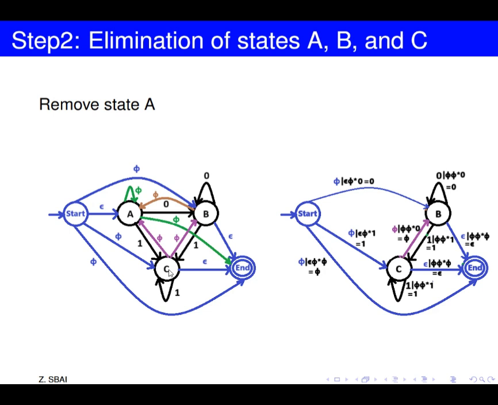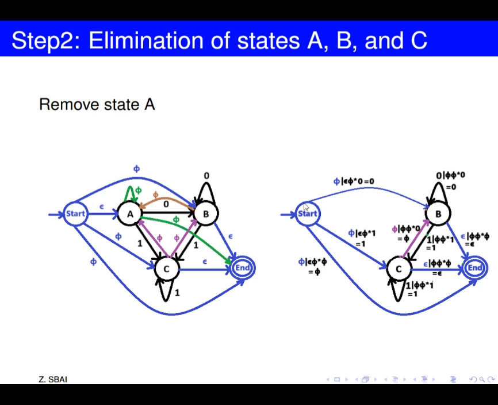For state A, we will remove it and remove all the edges going out of it or going into it. And we will have to replace all the regular expressions on the remaining arcs.